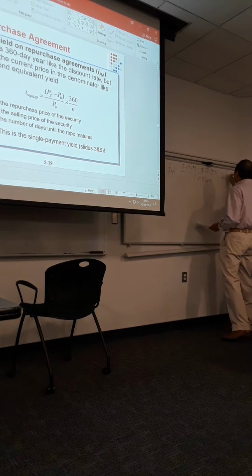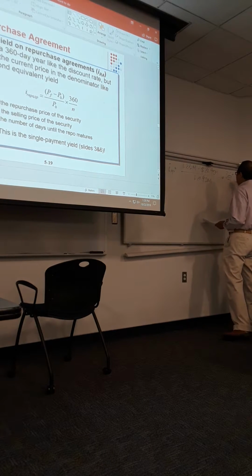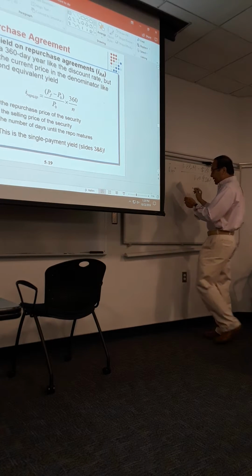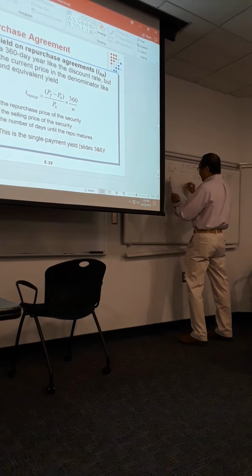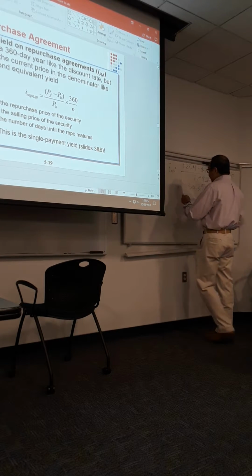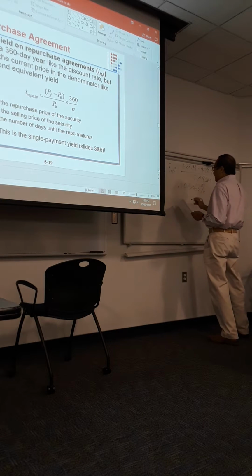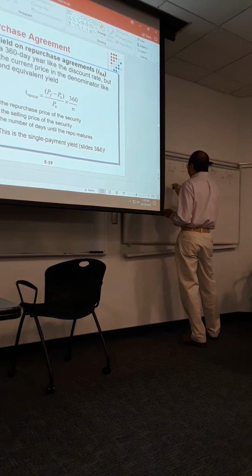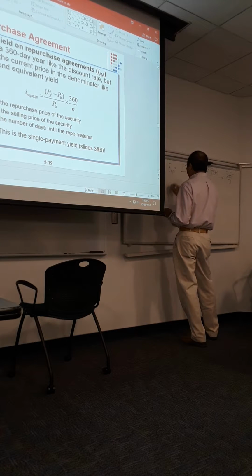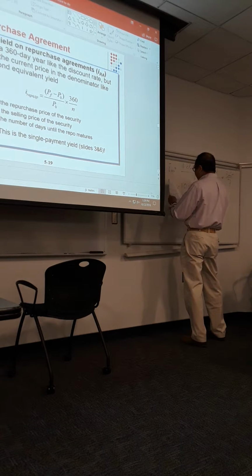Yep, 360 over 7. That would give us 10.3063%. Okay, so this is our ISP.